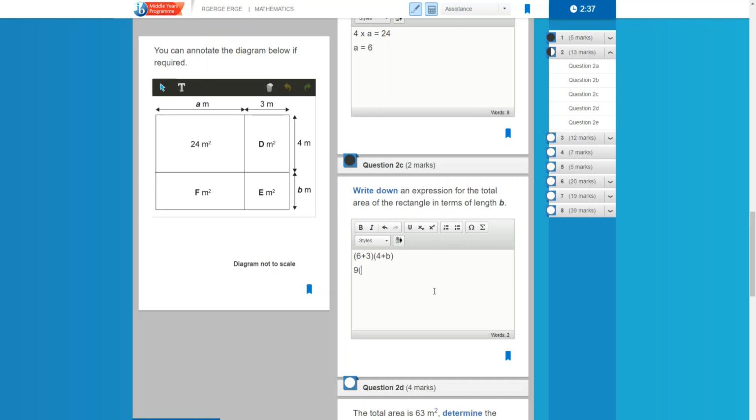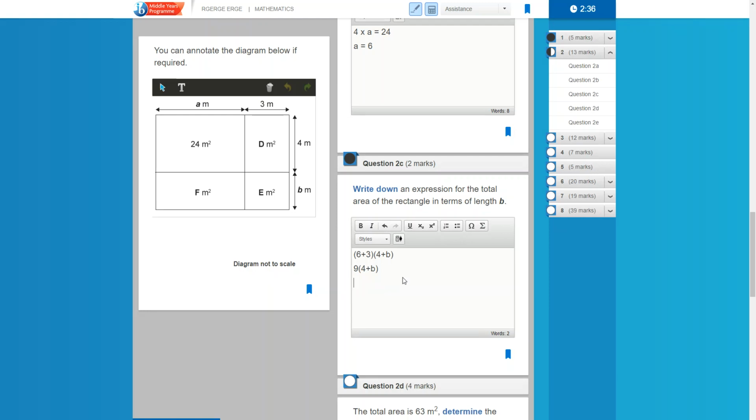You need to finish it off by simplifying it as much as possible. That will get you your 2 marks. If you write it as 9 times 4 plus B, that is bad notation. You will not get a mark for this. If, however, you substitute it with a times sign, you will get the mark. Quite often, though, it's better to just leave it out completely.